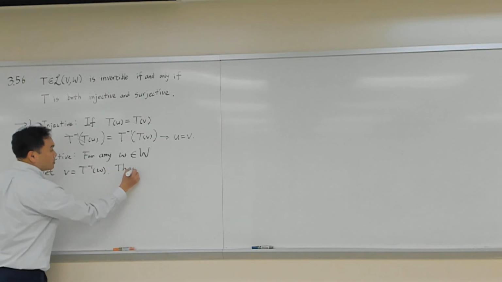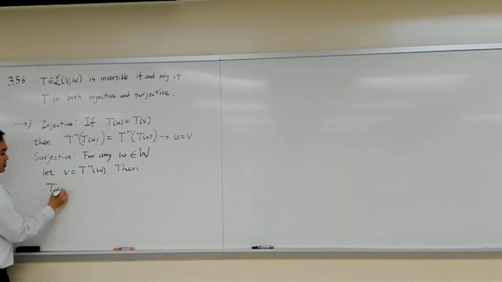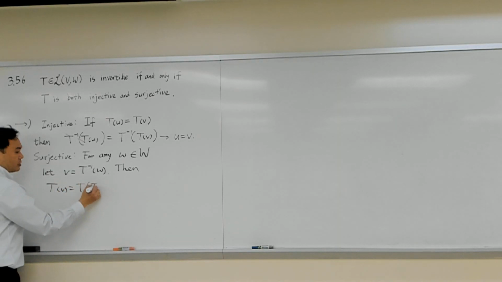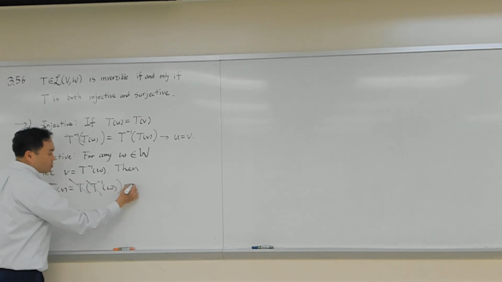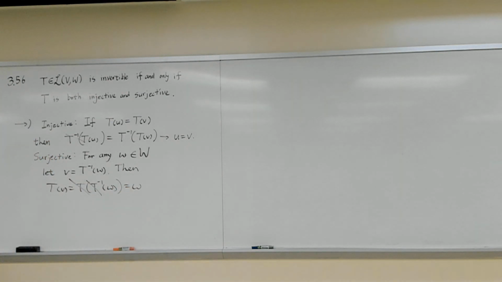Then T of V is T of T inverse of W, and again they cancel and then you get W. Okay.